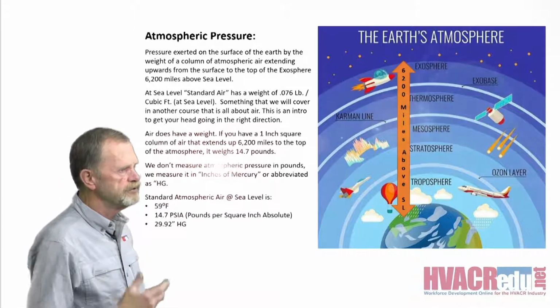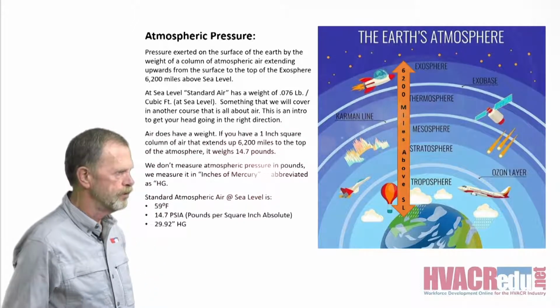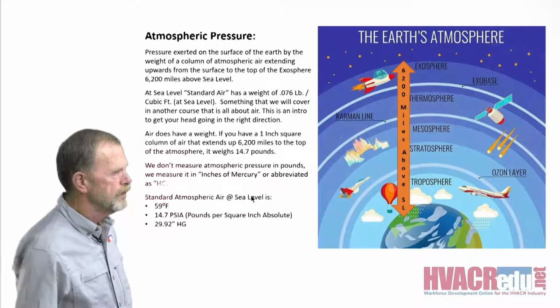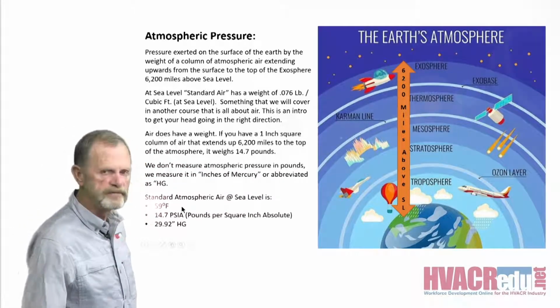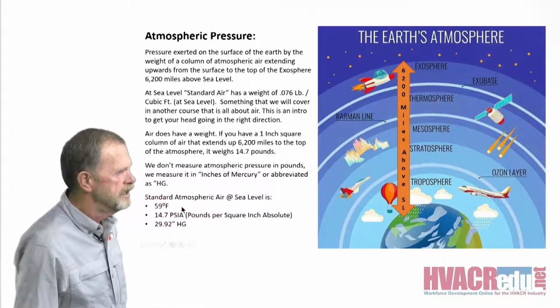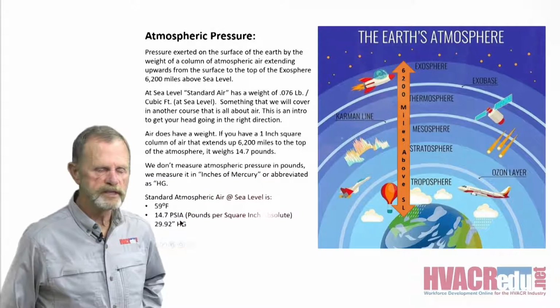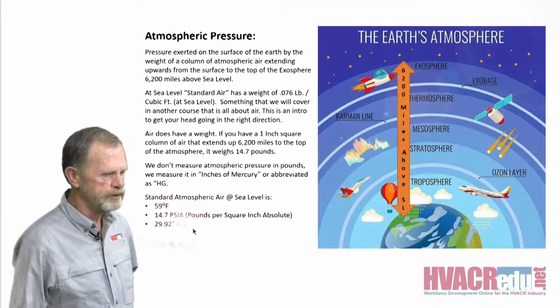But we don't measure atmospheric pressure in pounds, we measure it in inches of mercury, abbreviated inHg. Standard atmospheric air at sea level is measured at 59 degrees Fahrenheit. It's 14.7 psia, pounds per square inch absolute, and 29.92 inches of mercury.